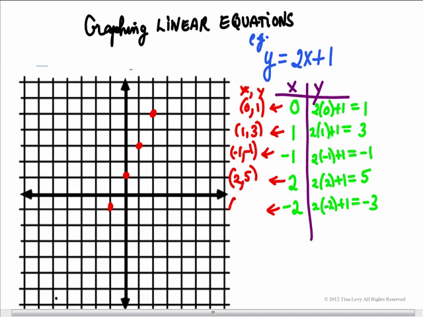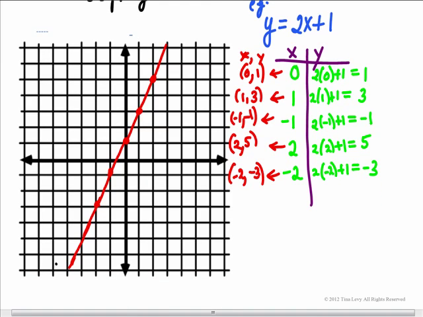And then finally, negative 2, negative 3. We go left 1, 2, down 1, 2, 3. And we can continue in this way. We're going to connect these dots, and what we have is the graph of the line. This will be the graph of the equation y equals 2x plus 1.